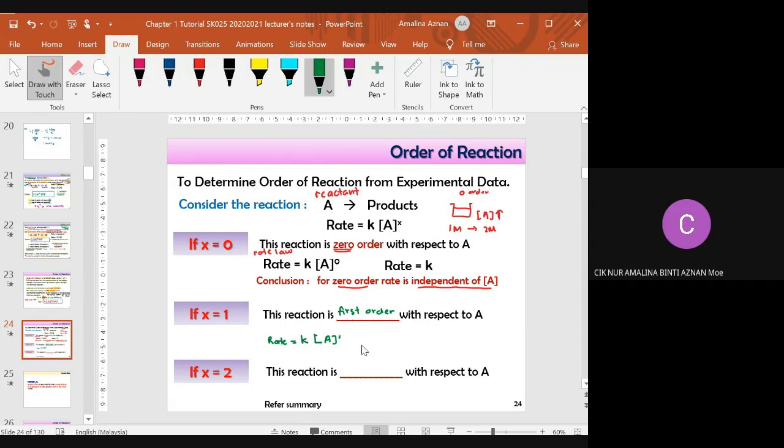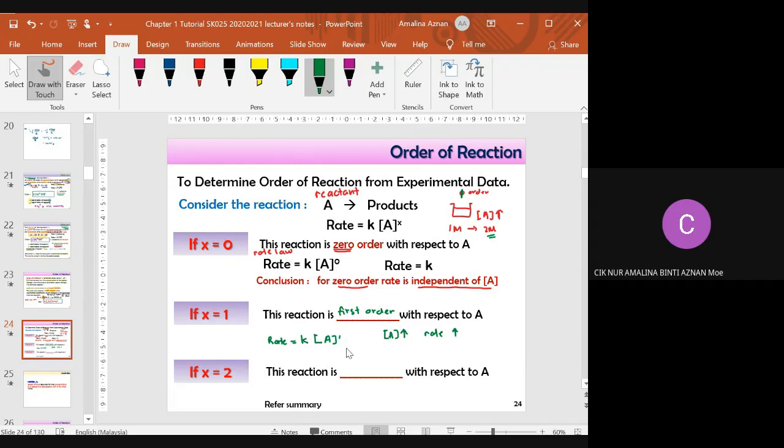So the conclusion you can get is, if we double the concentration of A, the rate will also increase, because the rate is directly proportional to the concentration of A. If you double, for example from 1 molar to 2 molar, then for first order the rate will also increase by double.